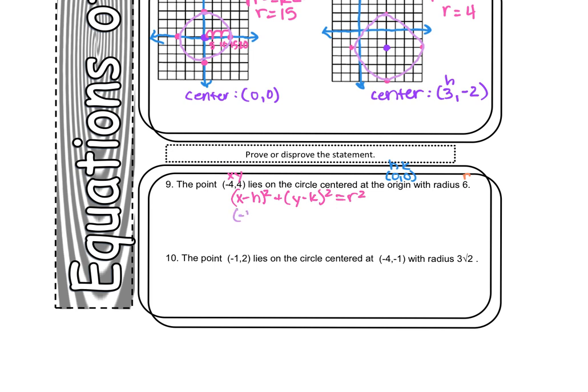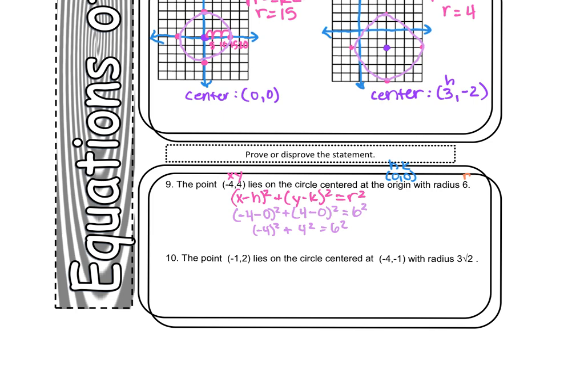So our x is negative 4 minus 0 is our h squared plus y is 4 minus k is 0 squared, and r is 6. Negative 4 minus 0 would be negative 4. When I square a negative number, I need to keep it in parentheses. 4 minus 0 is 4. And then we have 6 squared.